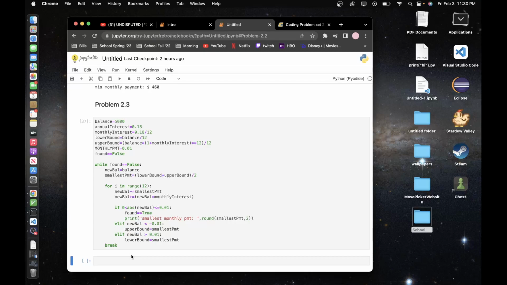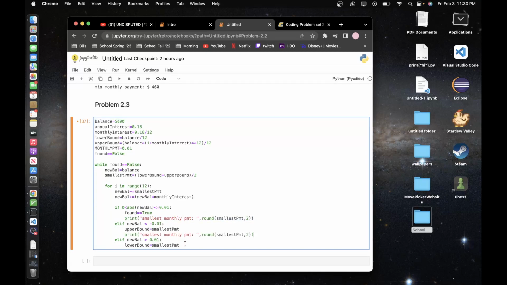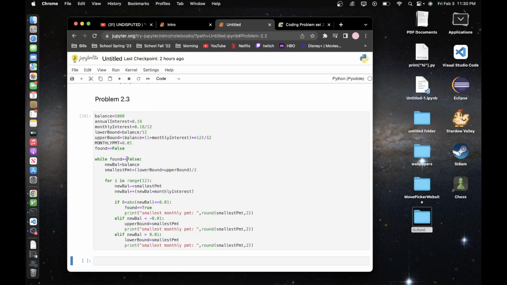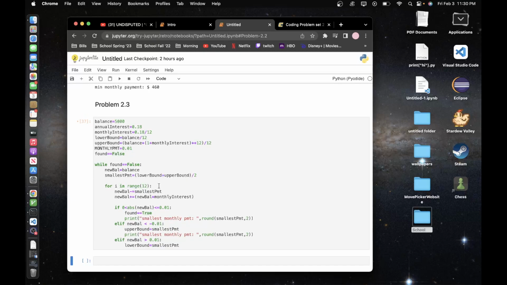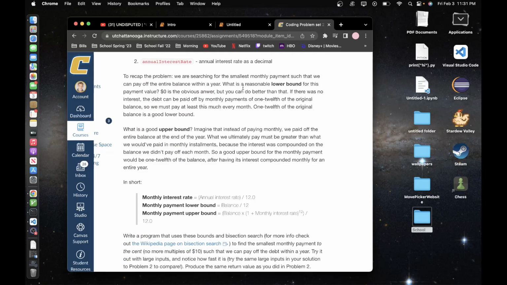Print. Why is it printing this? I just want to see where we're not printing anything. The loop's not breaking.